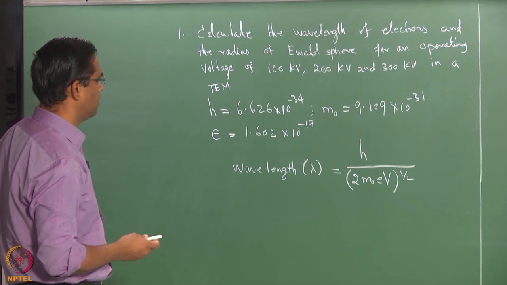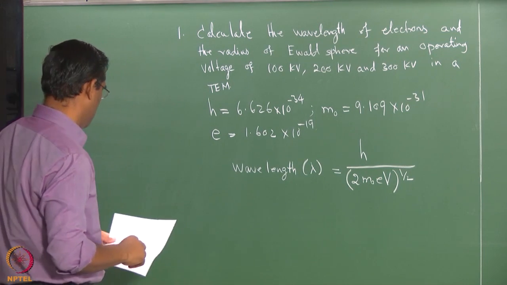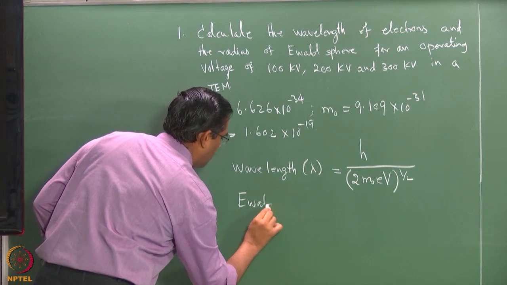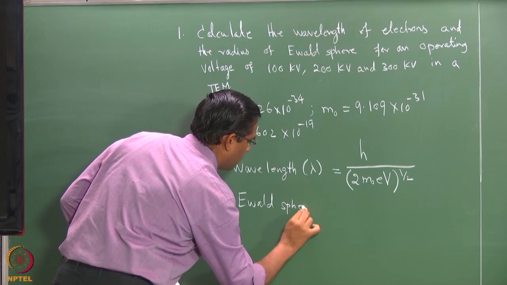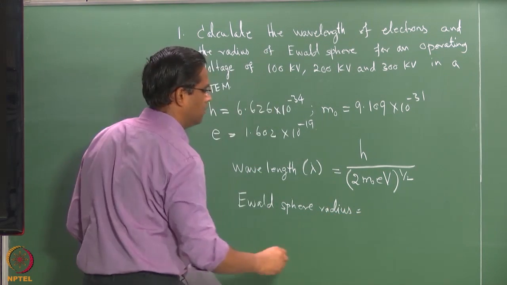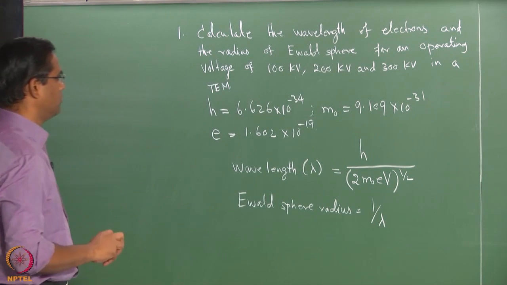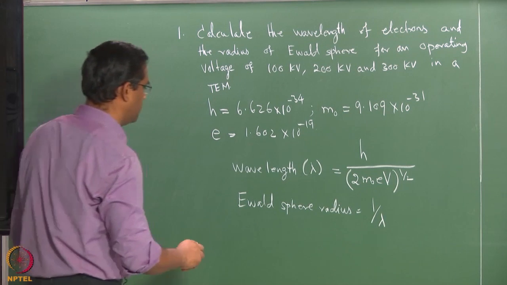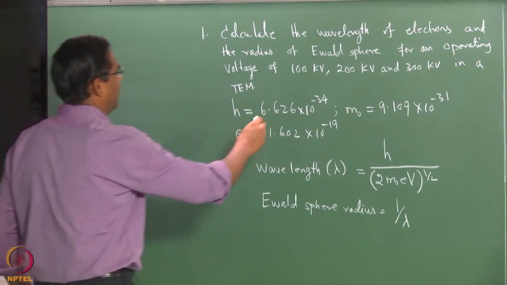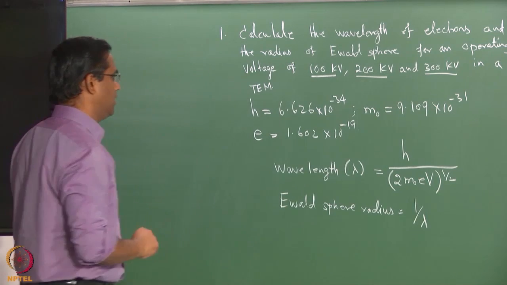So, we can simply substitute these constants into this, and we know the Ewald sphere radius is 1 by lambda. So, it is now straightforward, we can simply substitute this. Of course, we have to work this out for 3 different accelerating voltages.